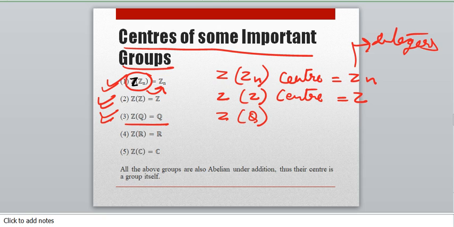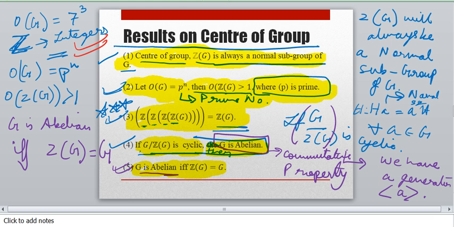These Z's are not integers, please; these are showing normal subgroups, all of them.